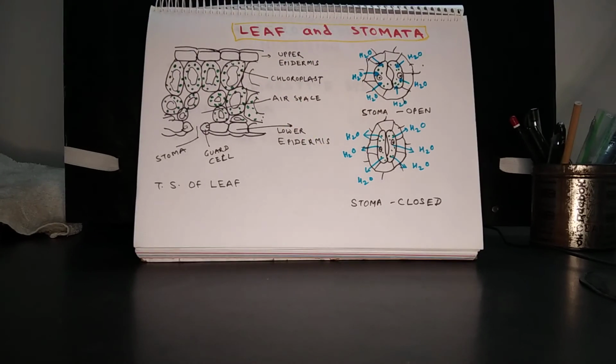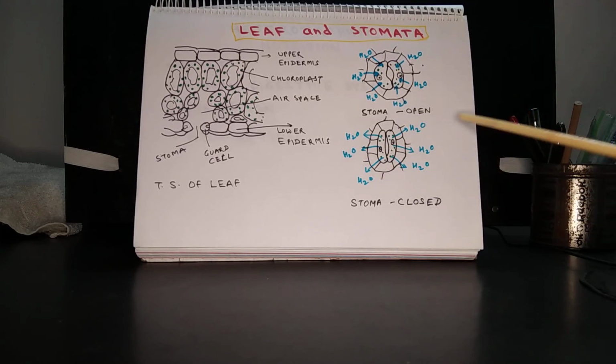This diagram shows the mechanism of closing and opening of stomata. Stomata is plural, stoma is singular. A stoma has two guard cells near its opening. So what happens? The guard cells imbibe water. When water enters, the guard cells swell up, and this results in opening of the stoma.